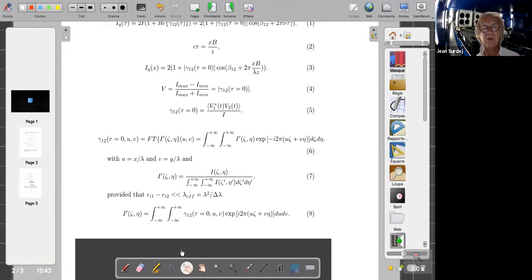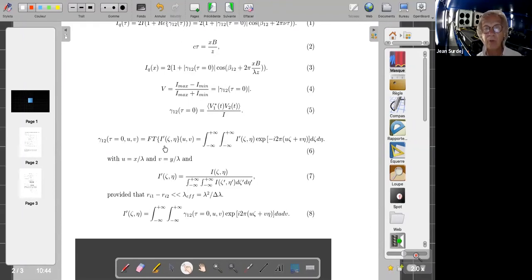Okay, so let's spend a little more time on these two expressions. The first expression tells you that the complex degree of mutual coherence is just the Fourier transform of the unknown normalized specific intensity of the source over the sky.